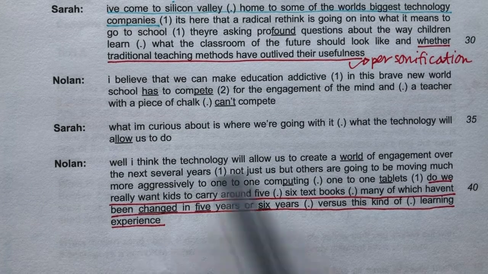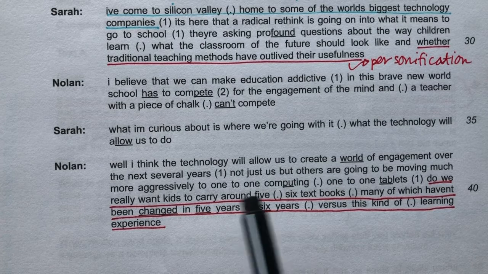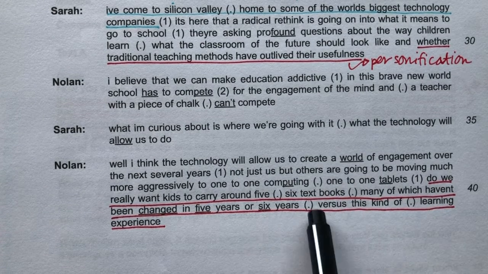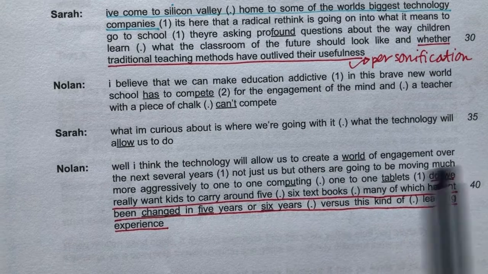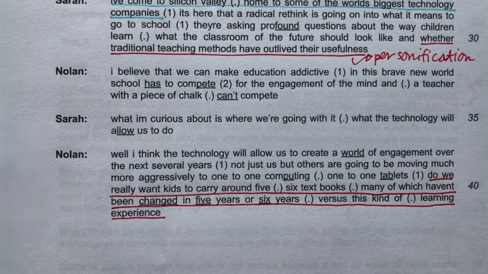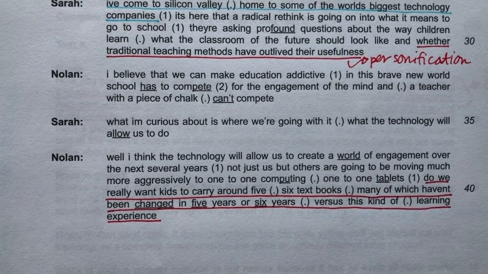He speaks clearly. He takes micro pauses. He doesn't take long pauses when he speaks. Okay, so I get confidence from him. So that would be Nolan's tone. Confident, and you could also say informative.